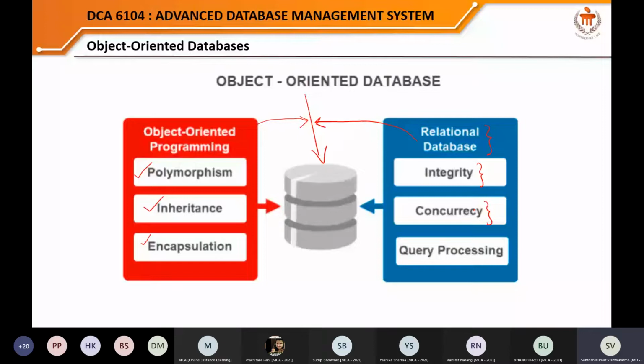Once we are open to concurrency, we may deal with a lot of conflicts, like read-write conflicts or write-write conflicts and so many things. So overall, we want the system to support concurrency without any conflict. That's why you have seen various topics like serializability in the concept of DBMS, and the concurrency control protocols we have gone through. Third is query processing.